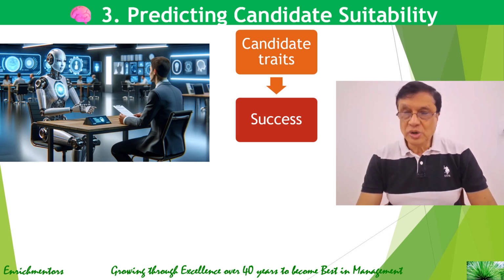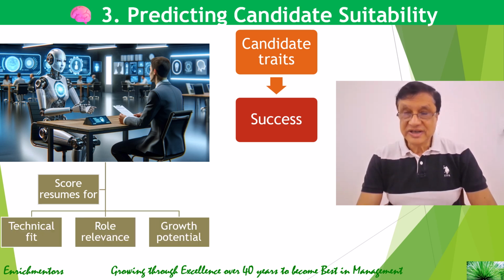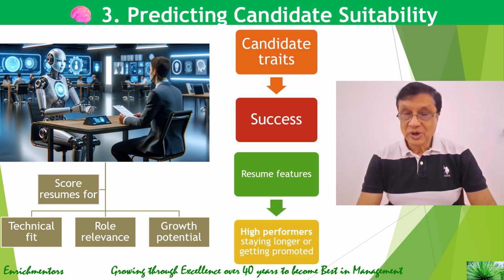These models score resumes for technical fit, role relevance, and growth potential. Some systems even track which resume features led to higher performance or getting promoted. So it predicts candidate suitability using these machine learning models.